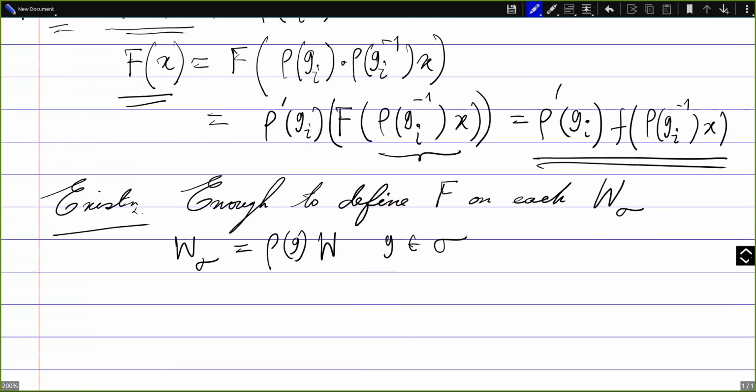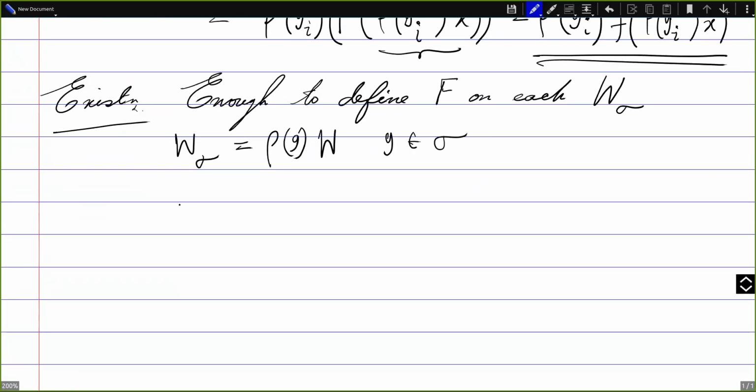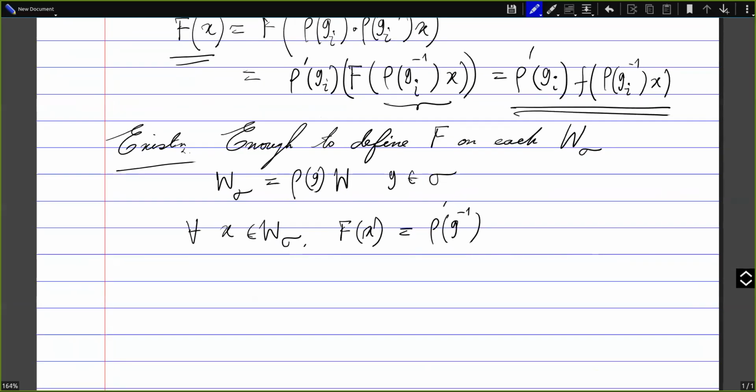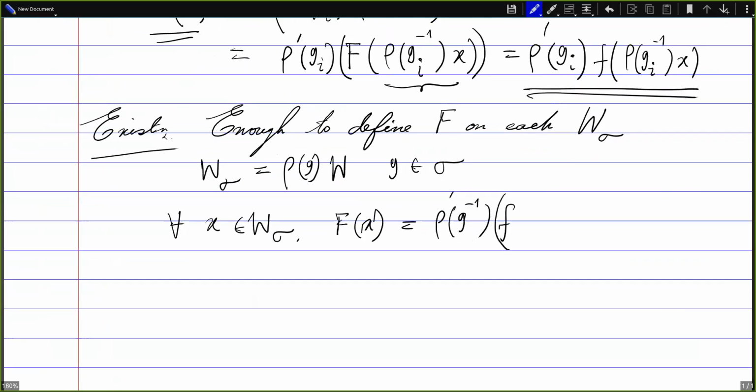The proof of uniqueness suggests that for each x in W_sigma, we define f of x as rho prime(g) of f of rho(g) inverse x.